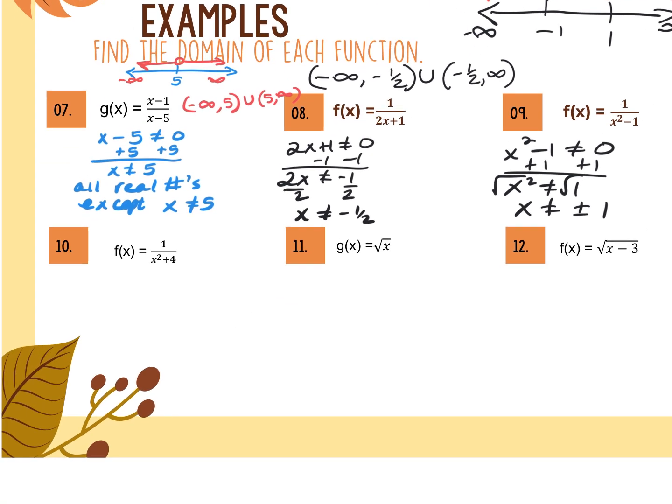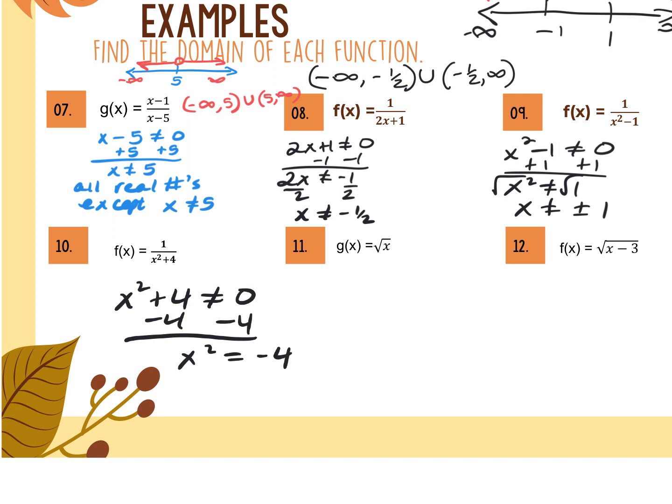Okay, so for this one, still the same thing. It's a fraction. When I go to do this one, watch what happens. x squared plus 4 cannot equal 0. When I go to solve this one, x squared equals negative 4.